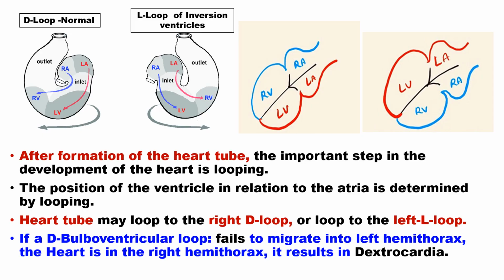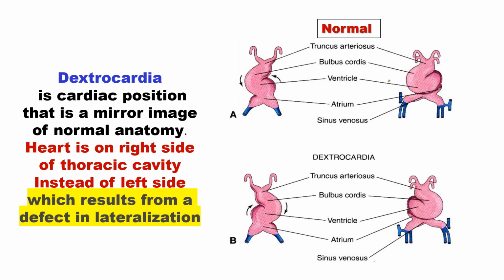The heart tube may loop to the right, forming a D loop, which is normal, or loop to the left, that is an L loop, which is abnormal. If the D bulboventricular loop fails to migrate to the left hemithorax, the heart is on the right side, forming dextrocardia. Dextrocardia with situs inversus.